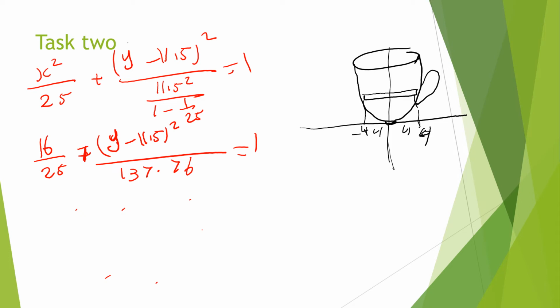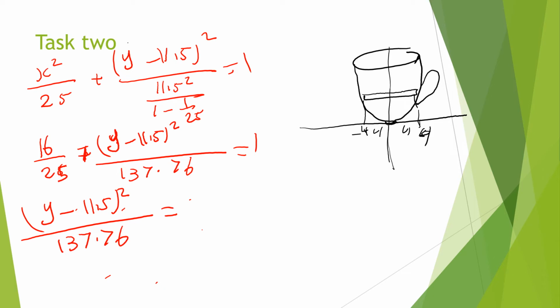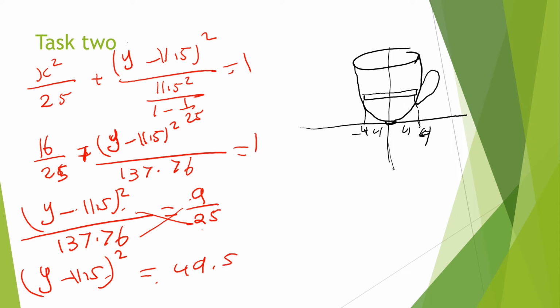Now I've got 1 minus 16/25, which is 9/25. Cross multiply. You've noticed that I haven't expanded anything yet. So I've got 49.5 and 9, round it.